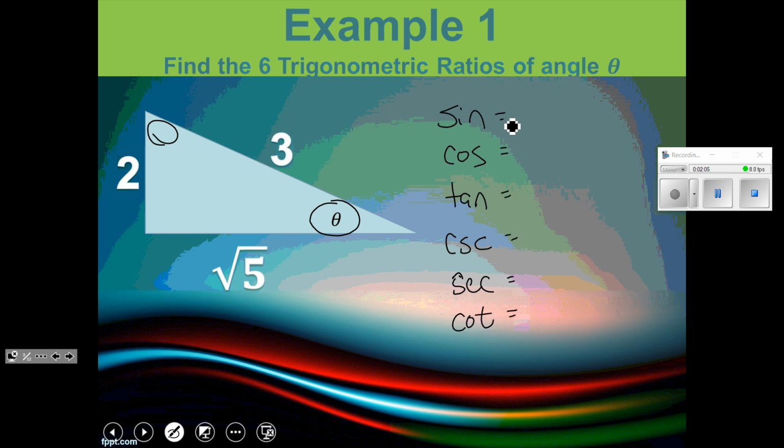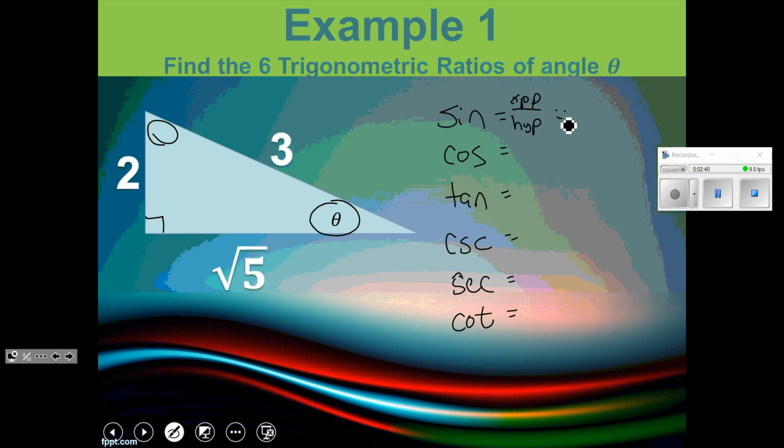Based on SOH-CAH-TOA, what do we know the sine is equal to? When we're talking right triangles, that's when you can use SOH-CAH-TOA. It's got to be a right triangle, and I'm telling you right now, this is a right triangle. Based on the previous slide, the sine is the opposite over the hypotenuse.